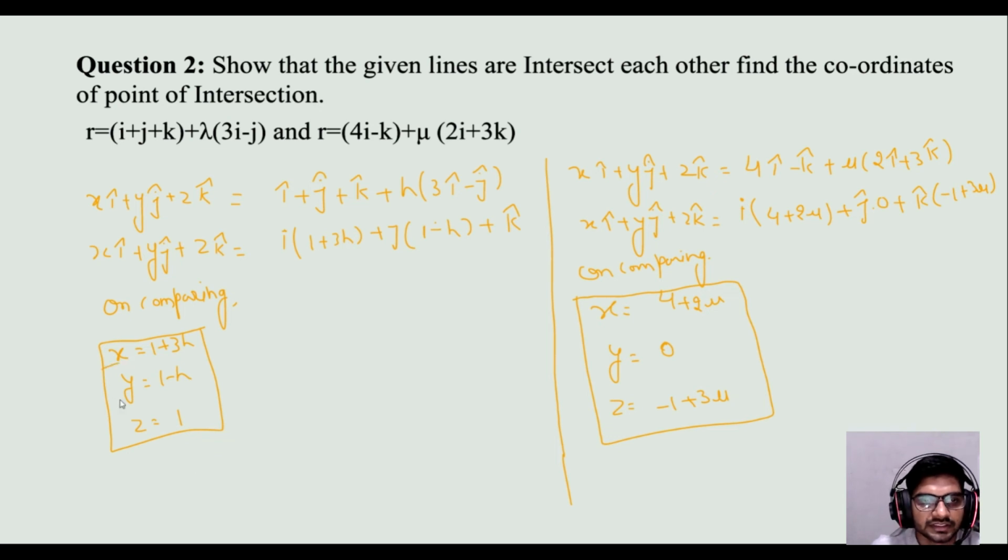When both lines intersect each other, then the values of x, y and z will be the same.